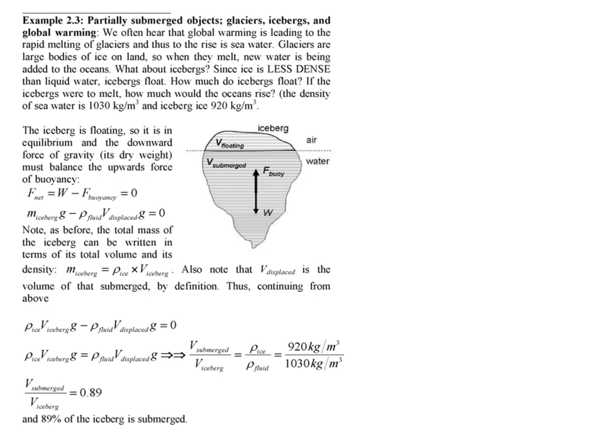We're using the density of ice compared to the density of the fluid, and it turns out that the density of the ice is 89% of the density of water, and therefore 89% of the volume of the iceberg is submerged, with the remaining 11% showing on top of the water. If you think about it, this is quite amazing. There really is a huge amount of ice underneath the water for every iceberg that we see.